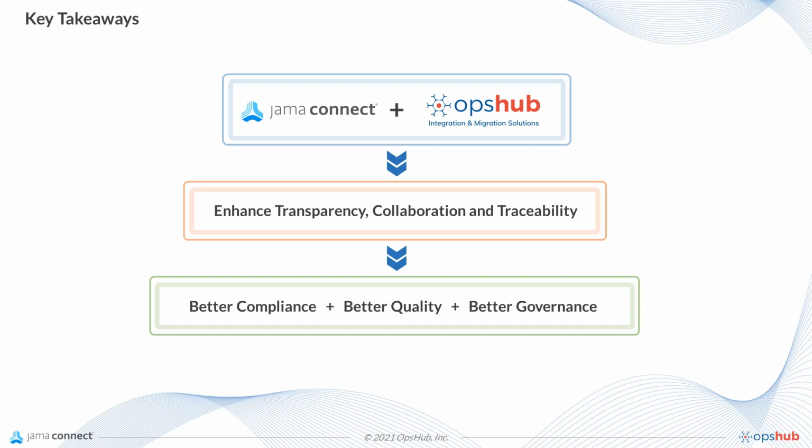So as a high level organization, the key decision makers have the ability to see across the product development lifecycle, see that very much in real time, and very much drive the kind of analytics and compliance reporting that are required.